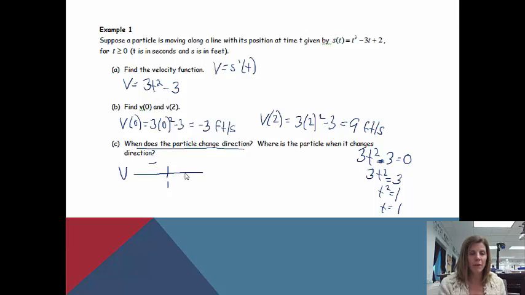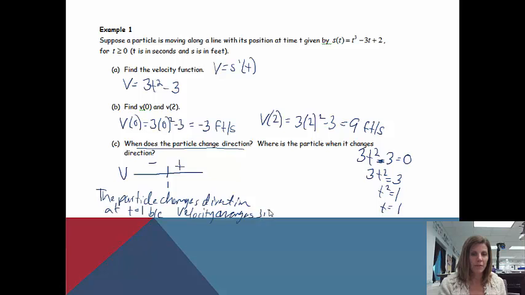And if I plug 2 into my velocity formula, I will get a positive number. So I can say the particle changes direction at t equals 1, and that would be because the velocity changes sign.